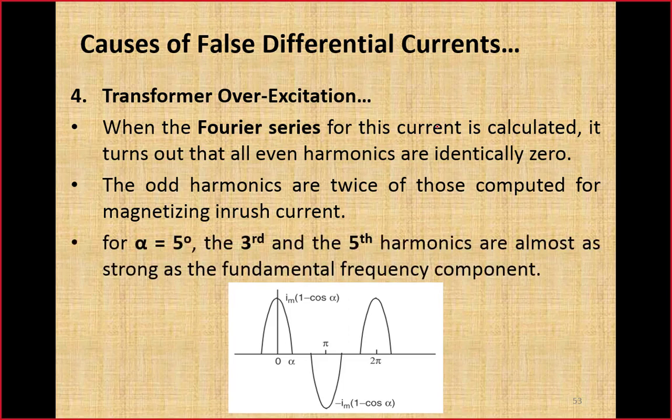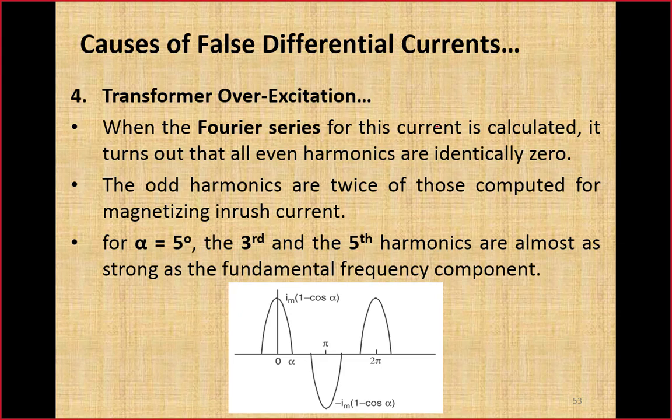For alpha equal to 5 degrees, for a very small value of alpha, the third and fifth harmonics are almost as strong as the fundamental frequency component. Means the fundamental, third and fifth, the first three components. So these three harmonics will be of equal magnitude.